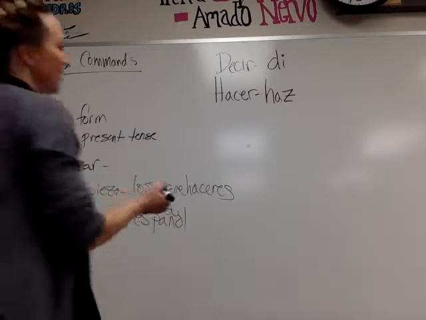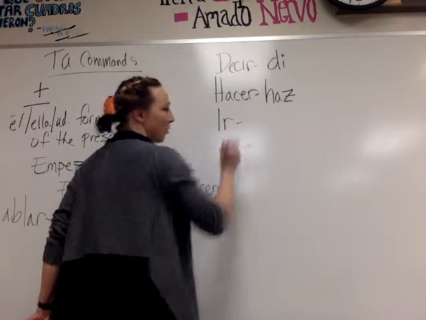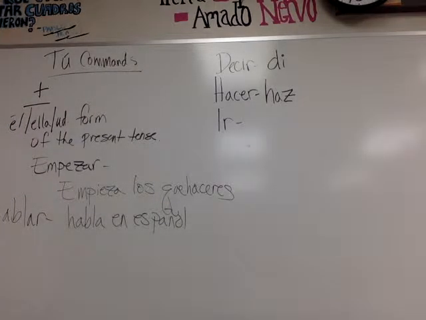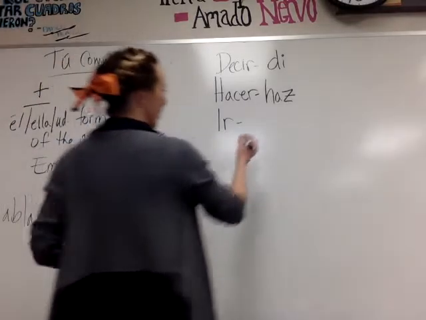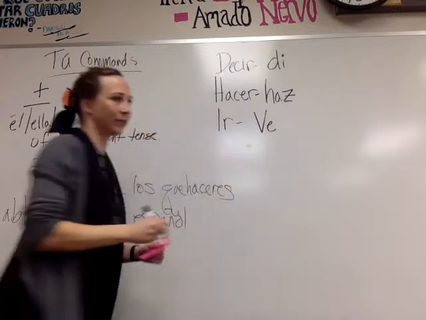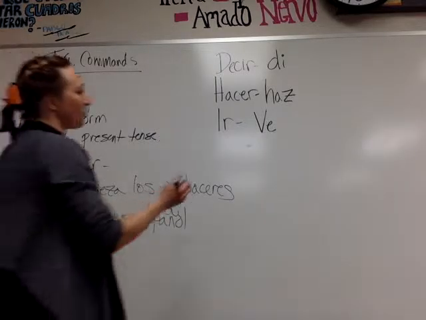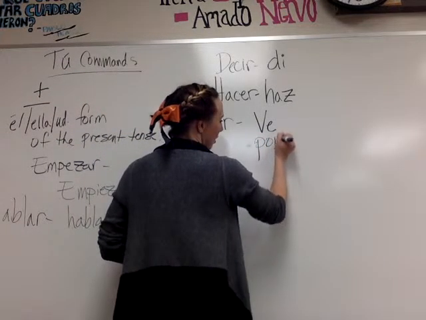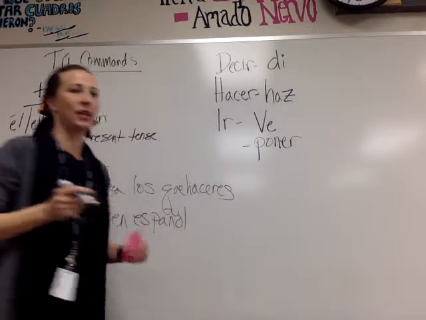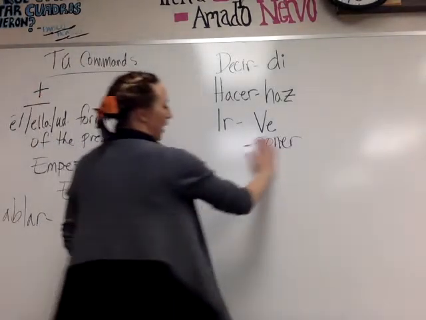All right, the next one is, of course, ir. Of course, ir is going to be irregular. It's a strange one. It's ve. Are these all positive ones? Only positive. Only for the positive side. The next one is poner. What does poner mean? To put. Oh, I put it on the wrong side. Poner.